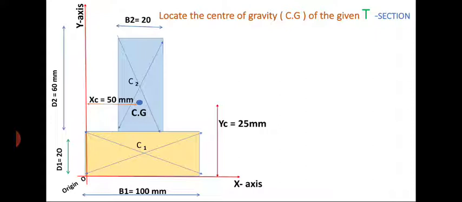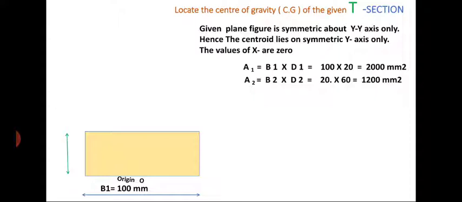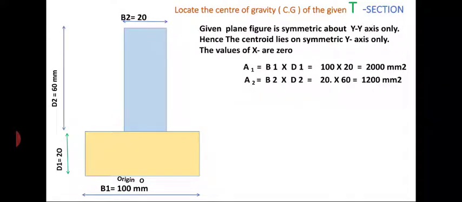We can solve this problem by using the symmetric axis condition. So I am taking the same problem. The main difference is I'm taking the y-axis at the mid part.